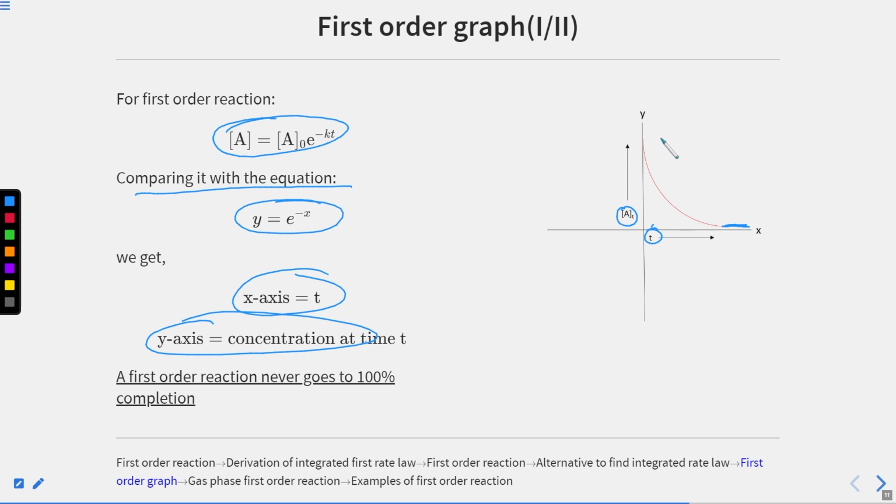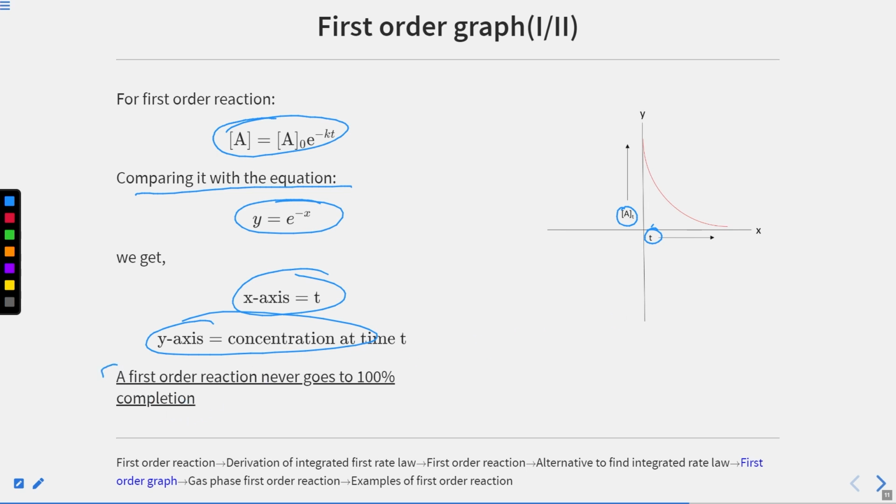So this reaction will never be finished, because the concentration will never be equal to 0. According to this graph, this concentration will never be equal to 0. So there will always be some presence of concentration. It will never go to 100% completion.